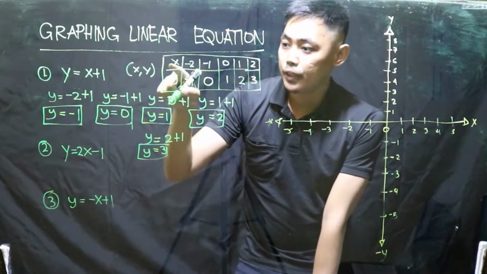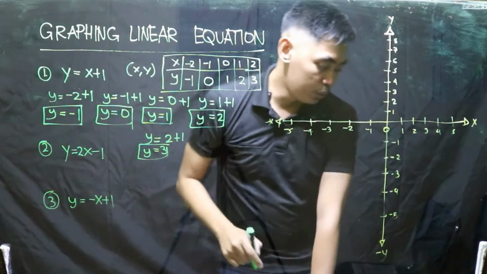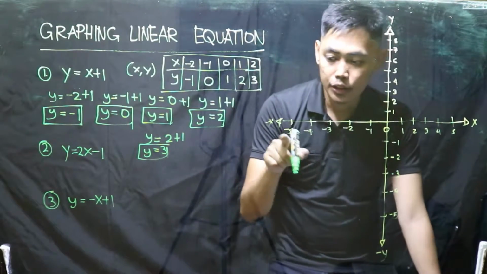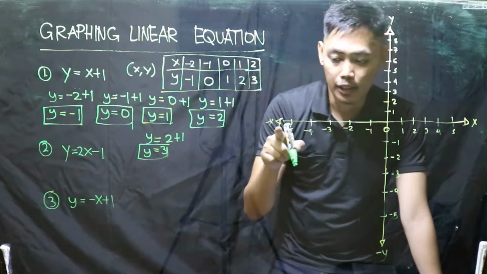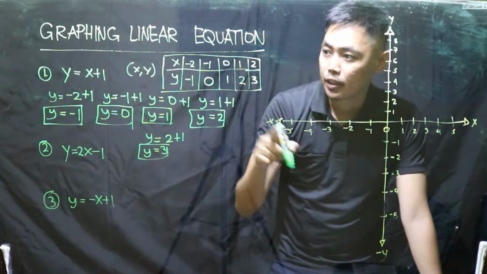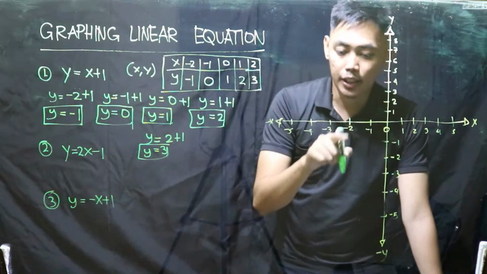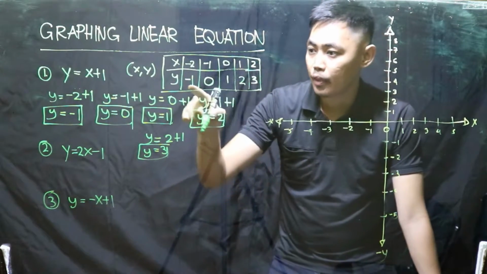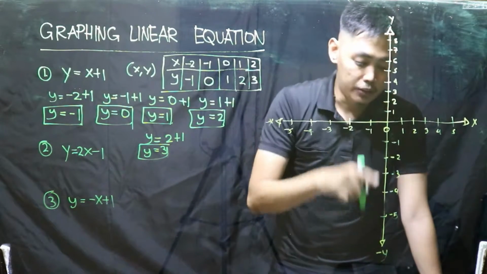Okay? So for example, we have x is equal to negative 2. What we will do here is find negative 2 on our x-axis. So this is our negative 2. Here it is. And then we have y is equal to negative 1. Then this is our y-axis.